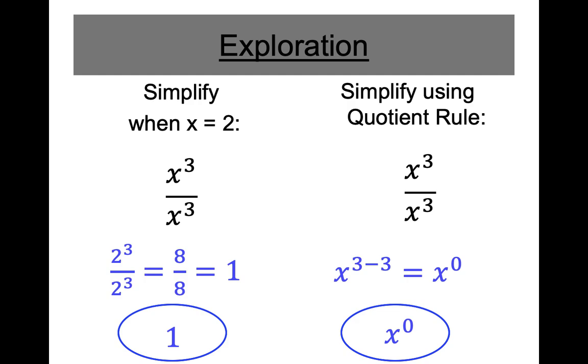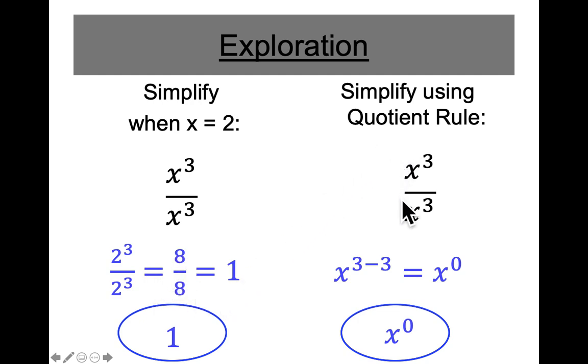All right, so this is going to be how we talk about our last rule, which was mentioned a little bit earlier, the zero exponent rule. So if we look at a problem like this, x cubed over x cubed, and if we want to simplify this when x is equal to 2, then if you put 2 in both places, then we find we have 8 over 8, which is 1.